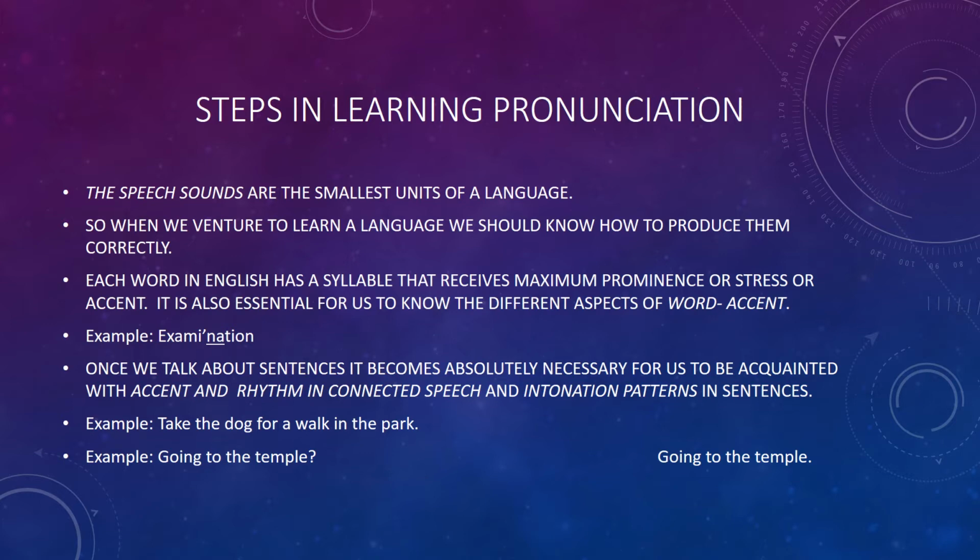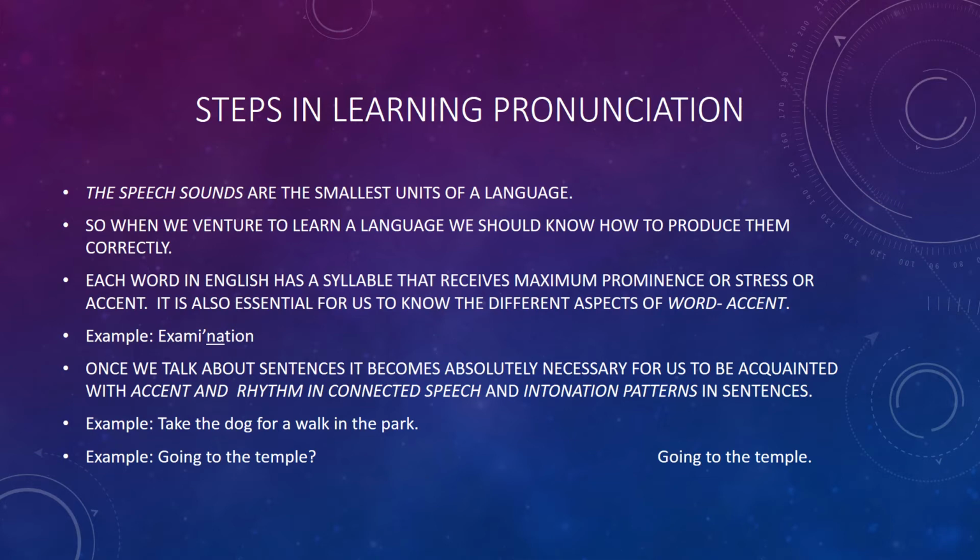But there may also be some new sounds that we do not use in our mother tongue. And because they are unfamiliar to us, instead of learning to produce those sounds, we tend to replace them with the seemingly equivalent familiar sounds. That's why it becomes important for us to learn how to produce all the speech sounds used in English correctly.